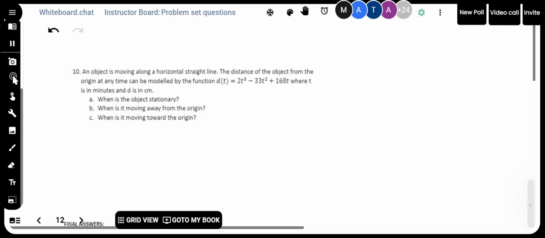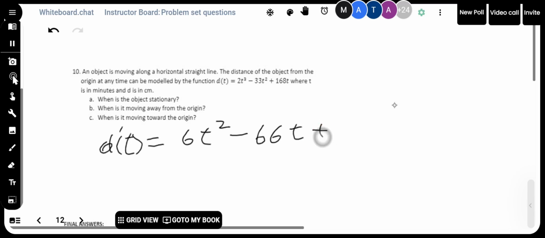Let me fold this back over, and let's find the derivative of this function. So d prime of t should be equal to 6t squared minus 66t plus 168. That represents our velocity function.